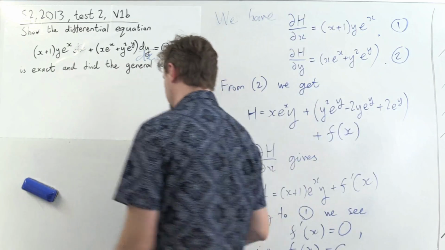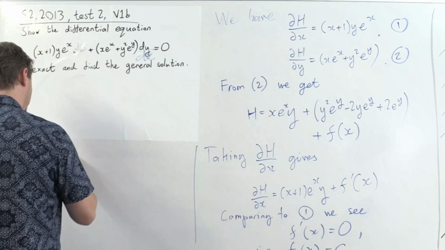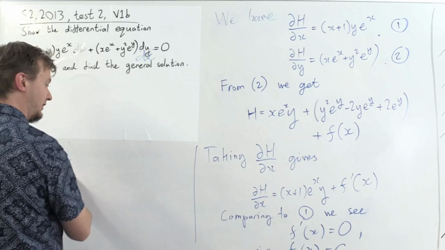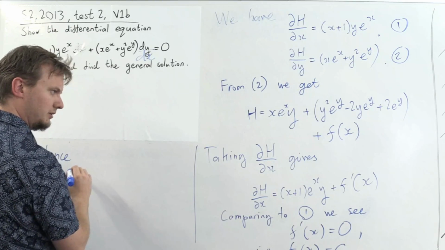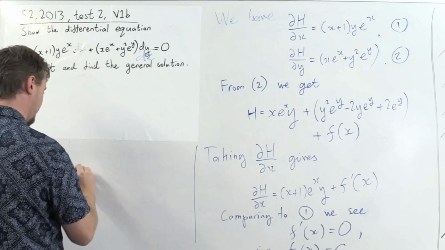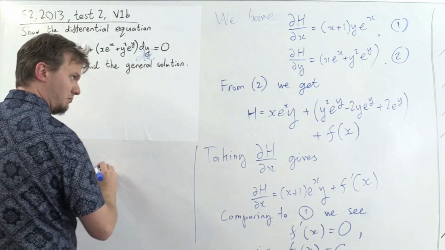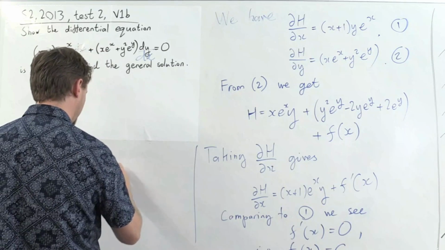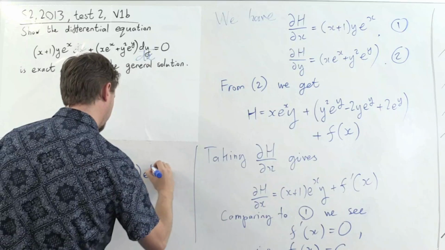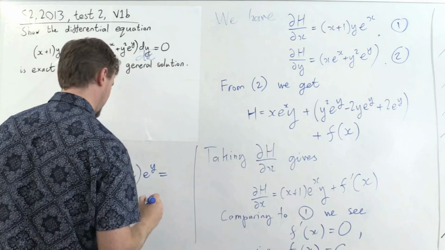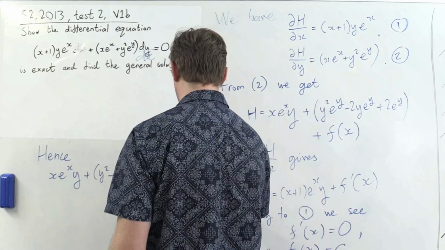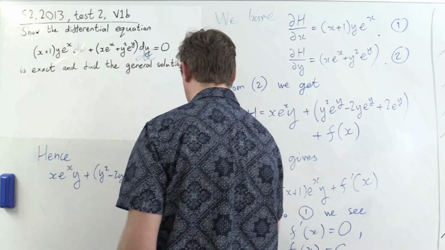So the final answer, implicitly, we have the solution that the relationship between x and y is given by x e to the xy plus this mess, which can be written as y squared minus 2y plus 2e to the y, equals a constant. I'm just going to call this capital B. B is a constant.